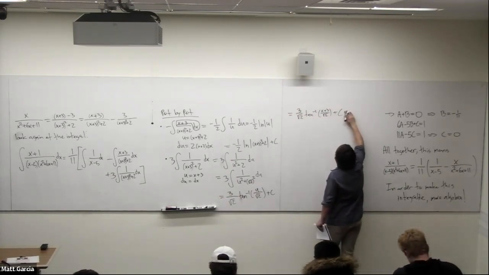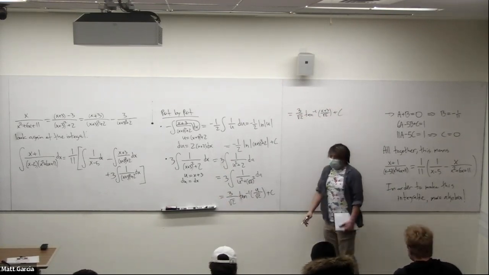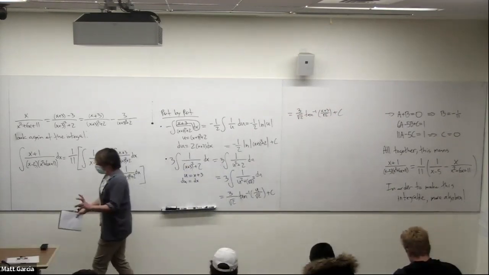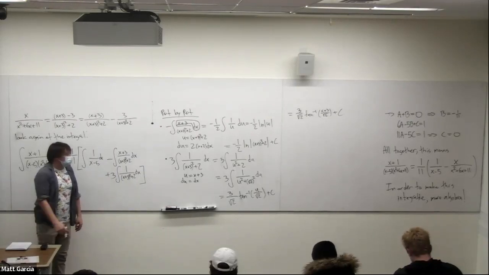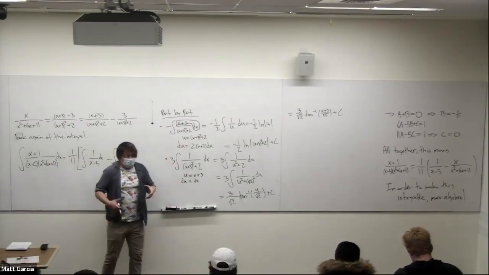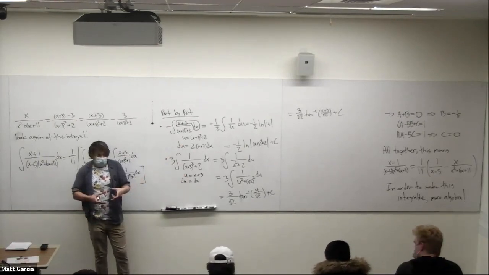plus c. Now, before we go on, I just want to point out that this contradicts the rule that I just told you in the last step, right? That you, in general, should try to include as much into u as possible.